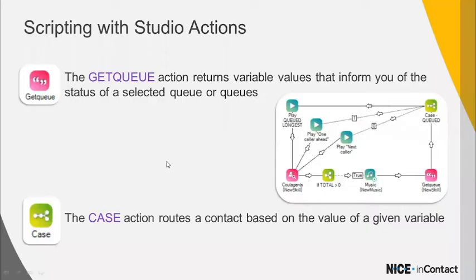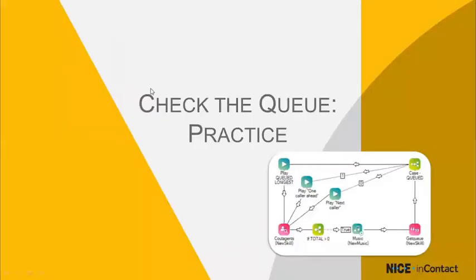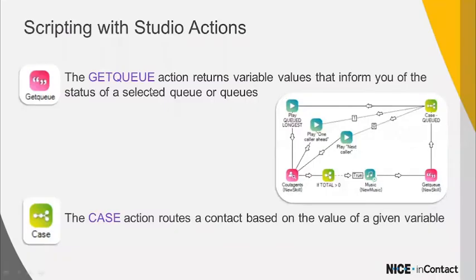So there is an option we can use, get queue. Get queue gives us this option to get the queue status, like how many agents are busy, how many agents are free, and suppose many customers are dialing the same number.